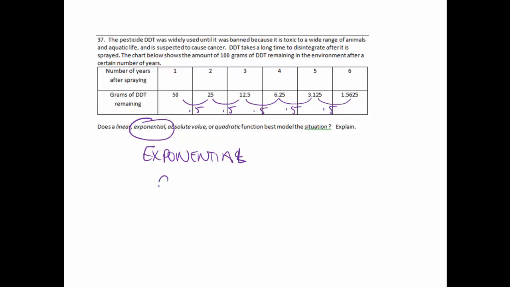And I'm going to say there's a constant multiplier of 0.5. So it's decaying, it's getting cut in half every time, if you wanted to say that. Or we could say growth rate is 1/2, something like that.